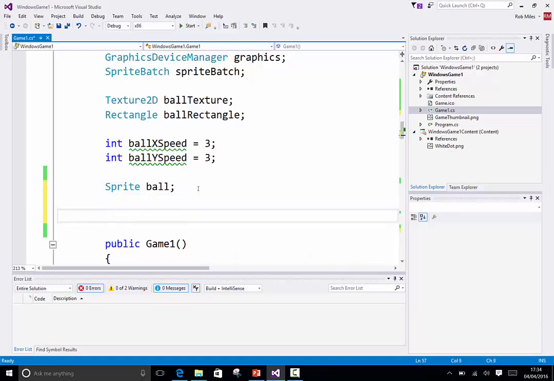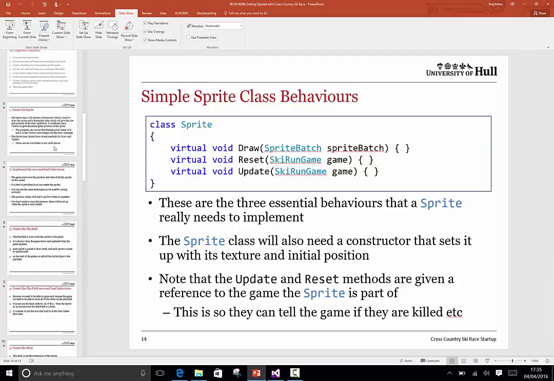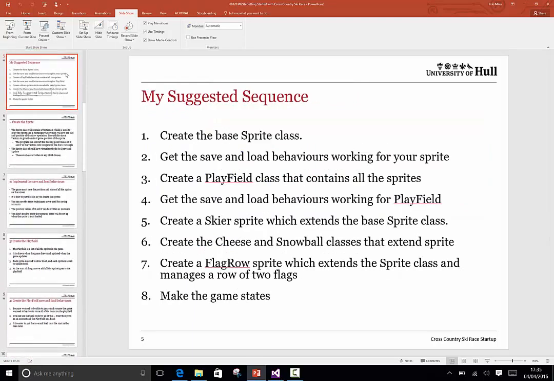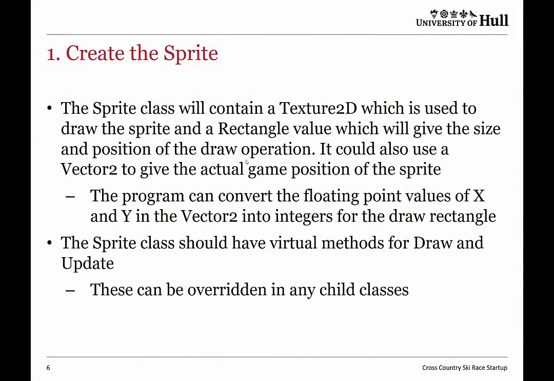Well, let's go back to my slide deck. Let's go back to where I was, because I've just done step 1. Create a base sprite class. There you go. It's got the draw and update methods, which I'm overriding. That's all good. Okay with that?